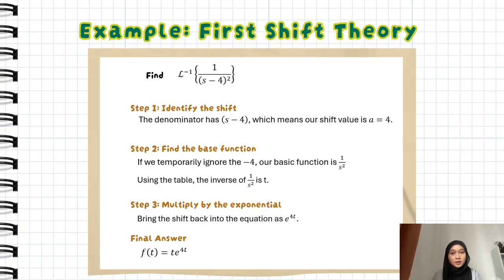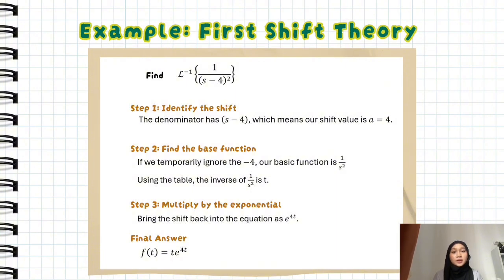Now, let us look at an example involving a shift. We want to find the L inverse of 1 over the quantity s minus 4 square. Our first step is to identify the shift. In the denominator, we see s minus 4, which tells us our shift value a equals 4. Step 2 is to find the base function.